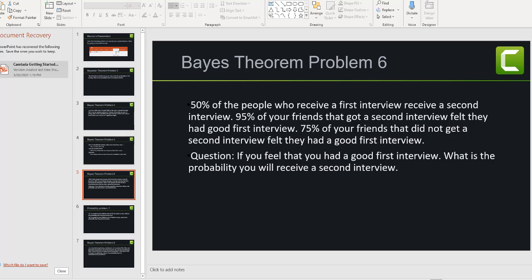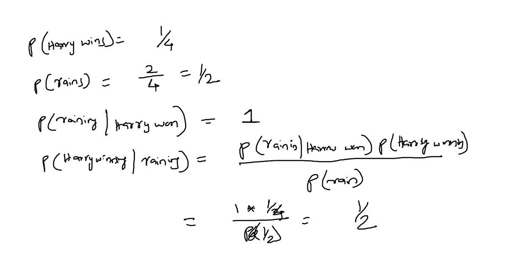Let's represent these terms in terms of probabilities, so that we can easily answer this problem. So let's write down. The probability of second interview, let's say probability of S, is half, right?